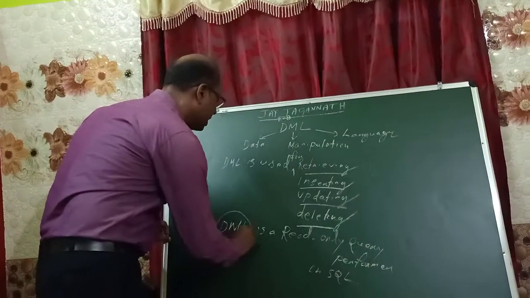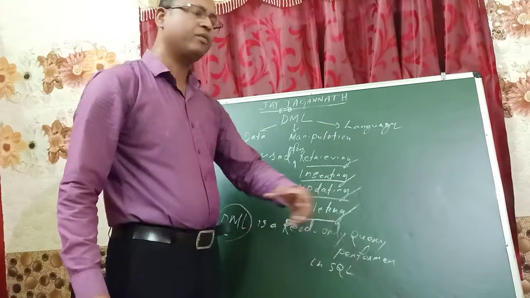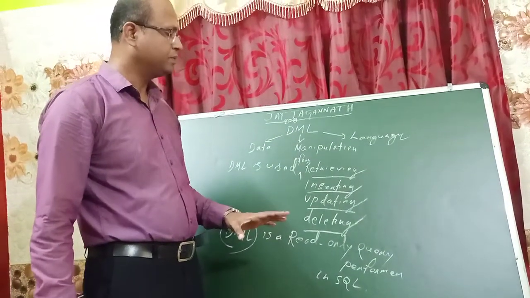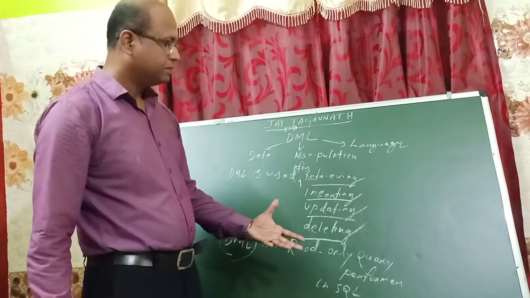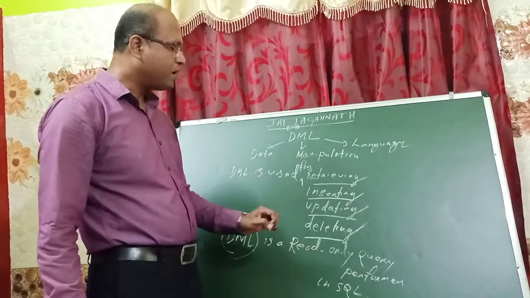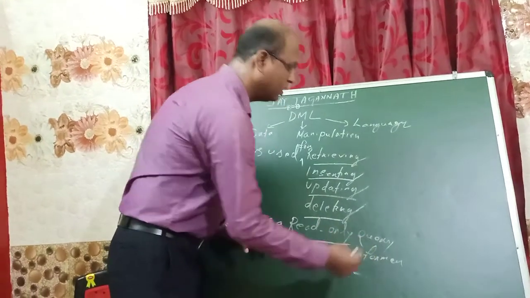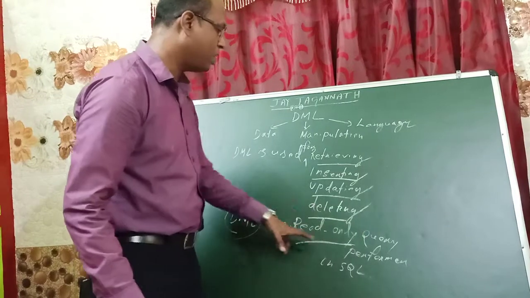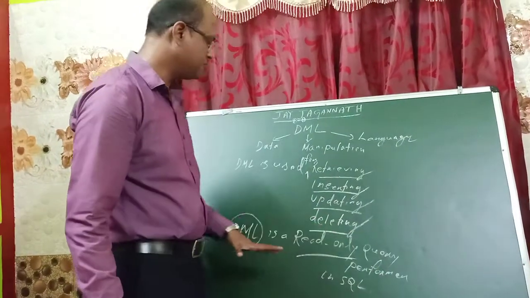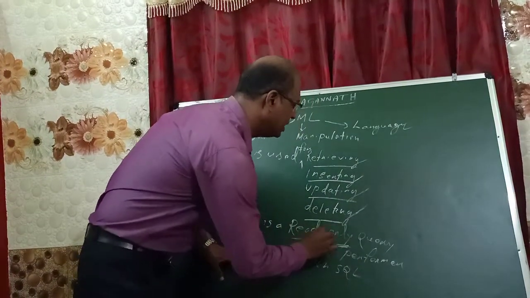Data manipulation language is used to do only read only operation. Read only operation means you are not capable of making changes at the object level. You are capable of making changes at the data level. It performs a read only query in SQL. That is DML.